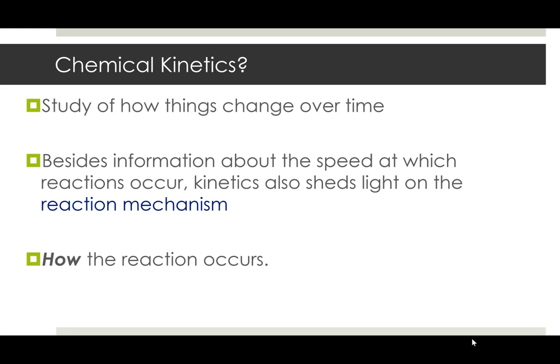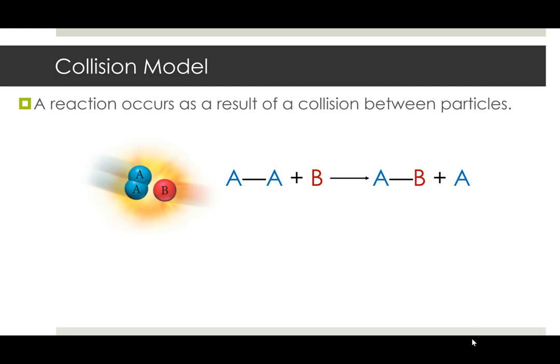Okay. The next thing I'm about to talk about is in your textbook towards the end of the chapter. I really like to introduce it at the beginning and then kind of refer back to it all chapter. So the model that we're going to talk about for chemical reactions taking place is something called the collision model. So this is going to be the point of view that we take for this chapter.